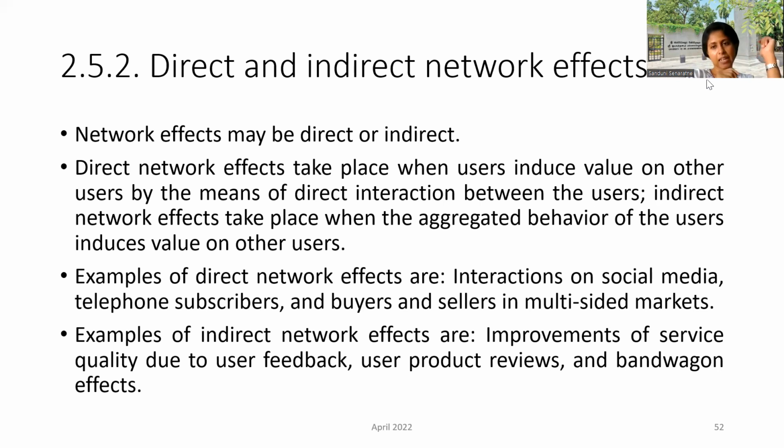On the other hand, indirect network effects take place when the aggregated behavior of the users induces value on other users. If there is a direct connection, a direct interaction between two users in a network, and if that interaction induces value on other users, we call it a direct network effect.